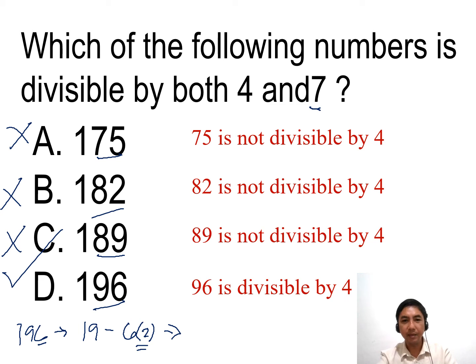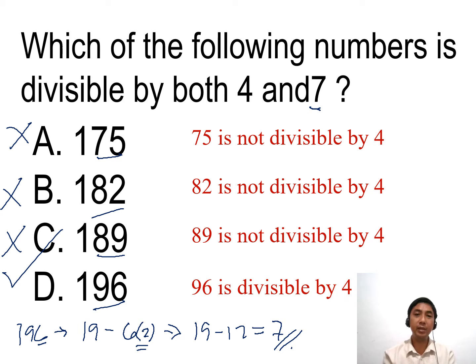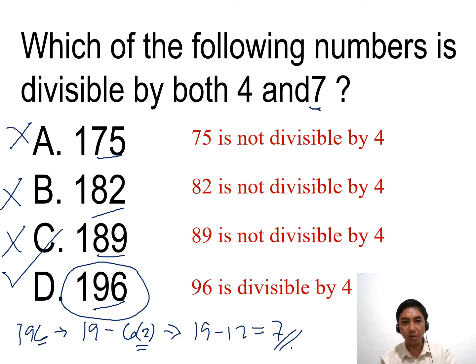So, ano lalabas diyan? 19 minus 12 equals 7. So, 7 is divisible by 7. Therefore, 196 is also divisible by 7. So, ibig sabihin nun, 196 is divisible by 4 and at the same time, divisible by 7. Next. By the way, the answer is, of course, letter D.